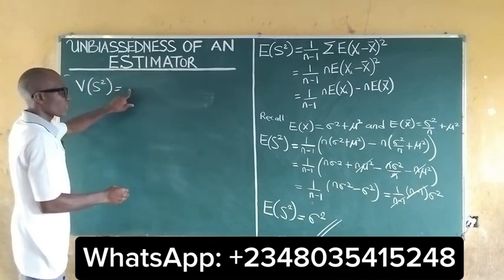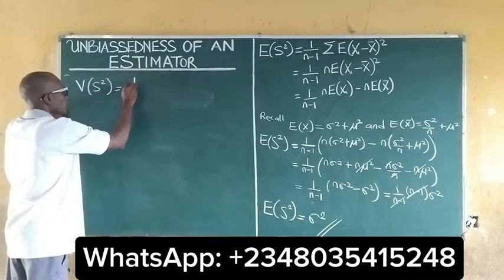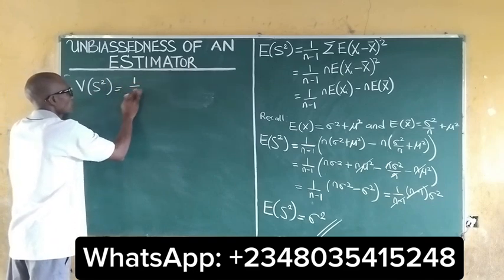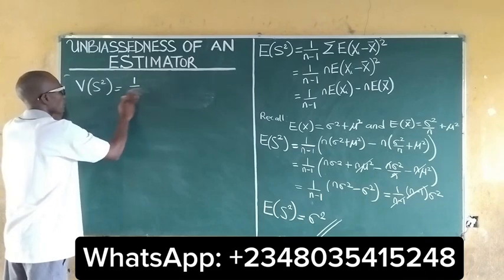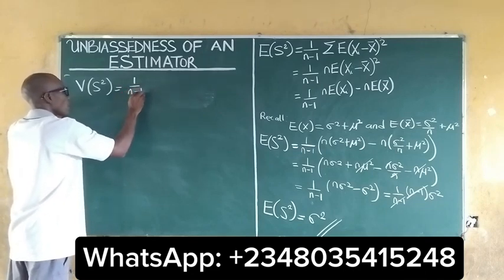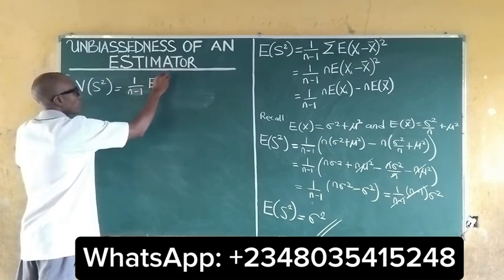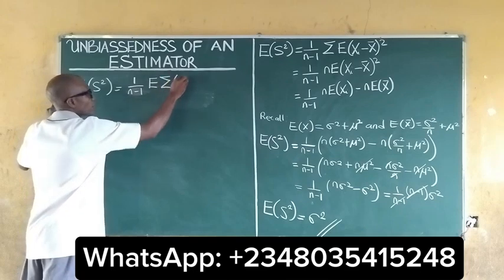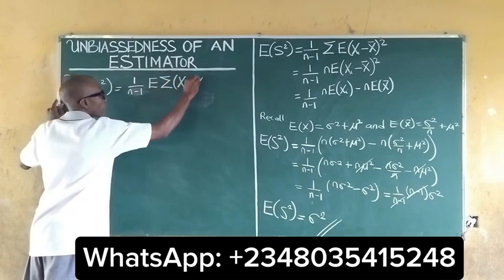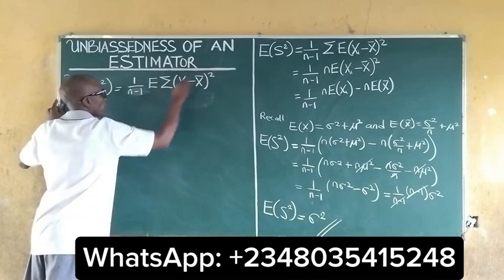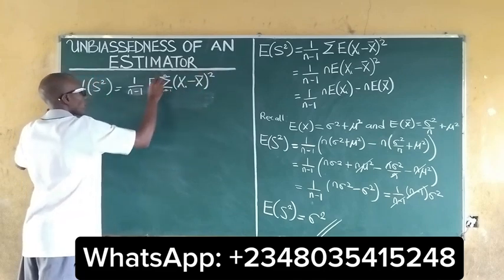So the variance of s squared, which is 1 all over n minus 1, expected value of summation of xi minus x bar all squared. We know this is running from 1 to n.